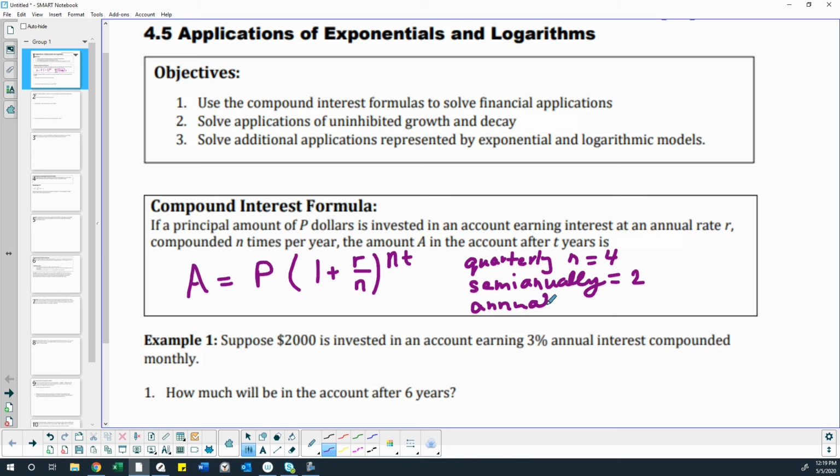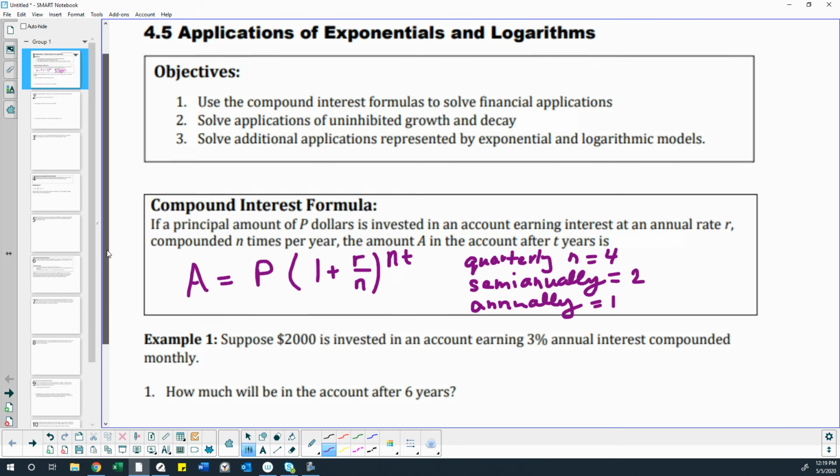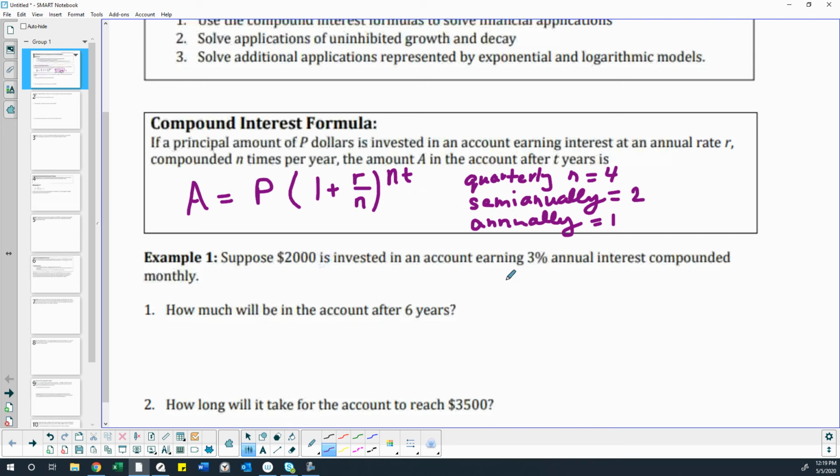Annually would be once a year. Monthly would be 12. Daily would be 365. Hourly would be 365 times 24. Anyway, we can increase the number of compoundings per year as requested or as desired for these problems.